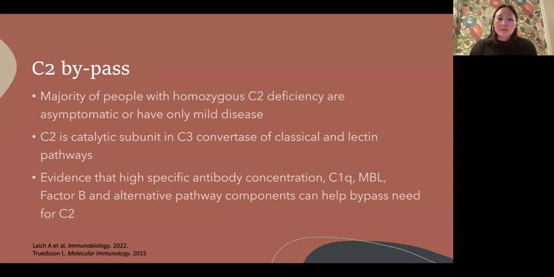But through some various studies, it's been shown that this can be overcome by adding high specific antibodies, and through C1q, through the classical pathway, and through MBL or factor B in the lectin pathway. And if you have a functioning alternative pathway, your complement finds a way around having less C2 and can make it function in a normal way.